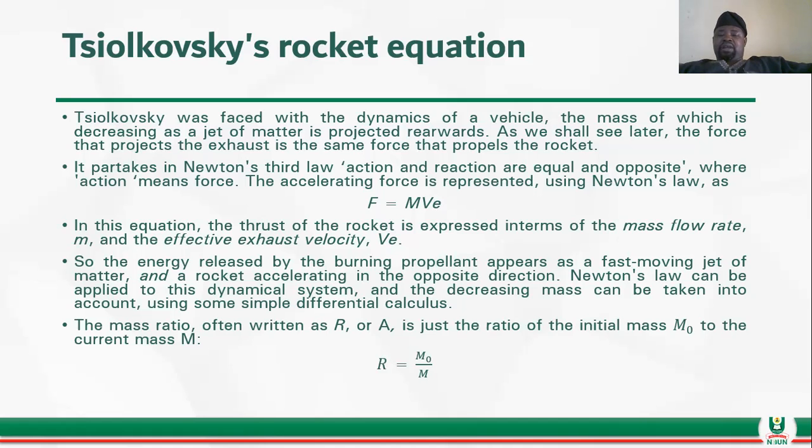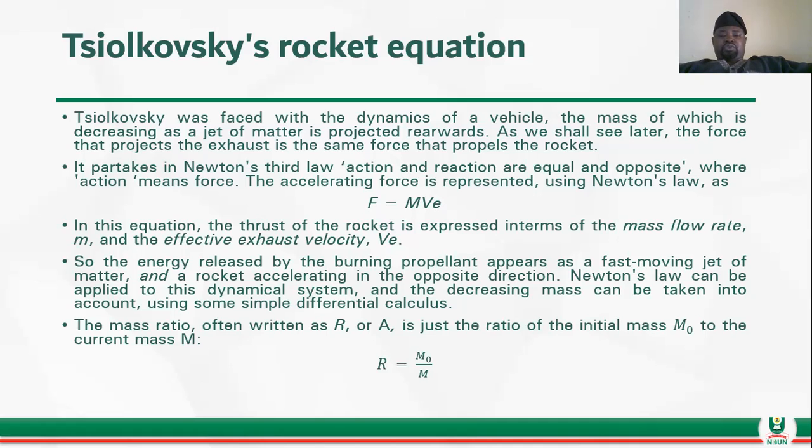Okay? And the decreasing mass can be taken into account using some simple differential calculus. Don't forget your differential equations, differentiation and integration. You will need it as you proceed with your BSc physics program.